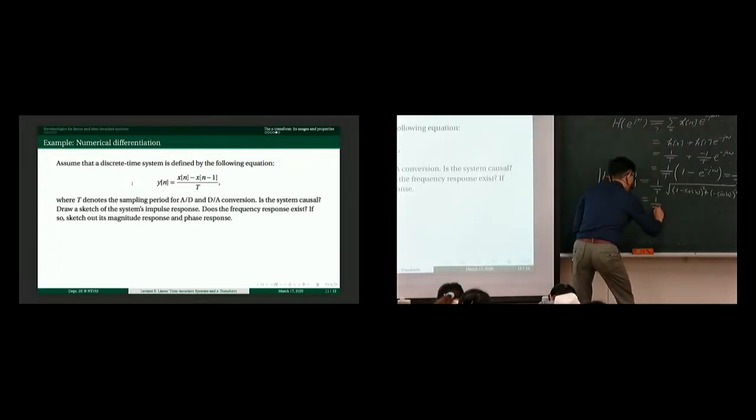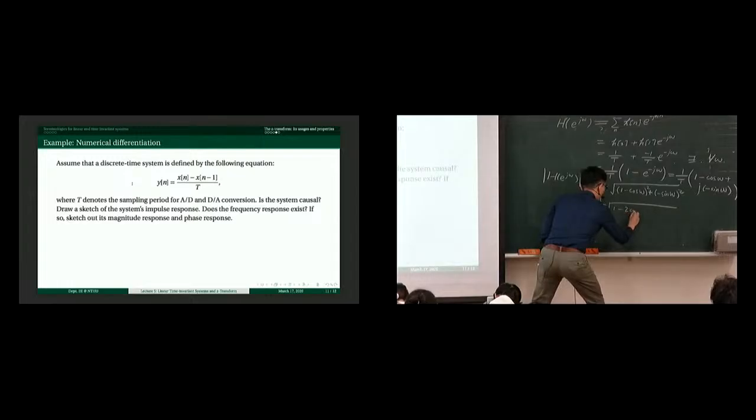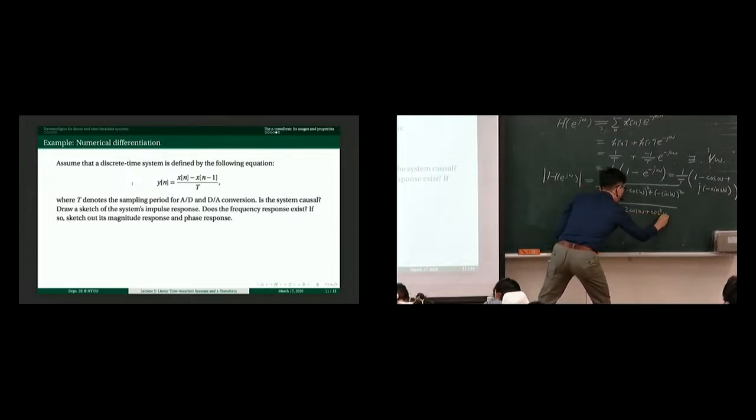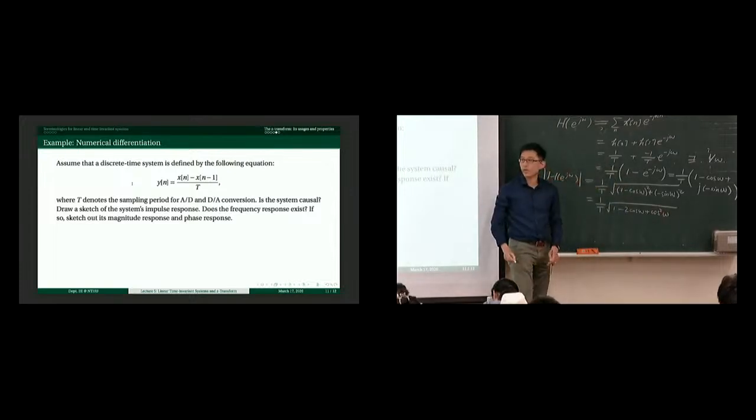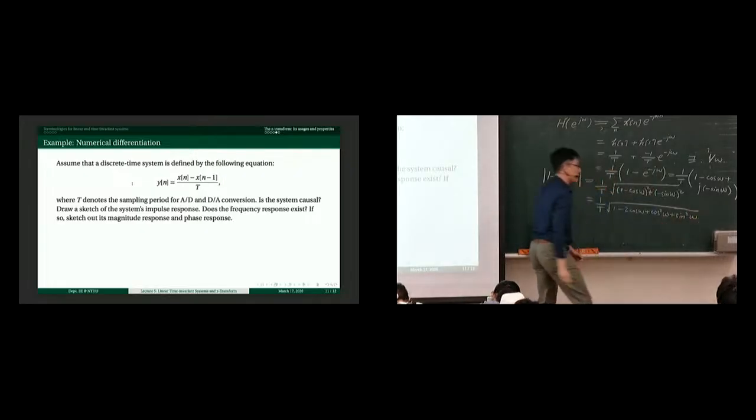Still 1 over t, square root. Let's expand this: 1 minus 2 cosine omega plus cosine squared omega for the real part squared, and the imaginary part squared is obviously sine squared omega.